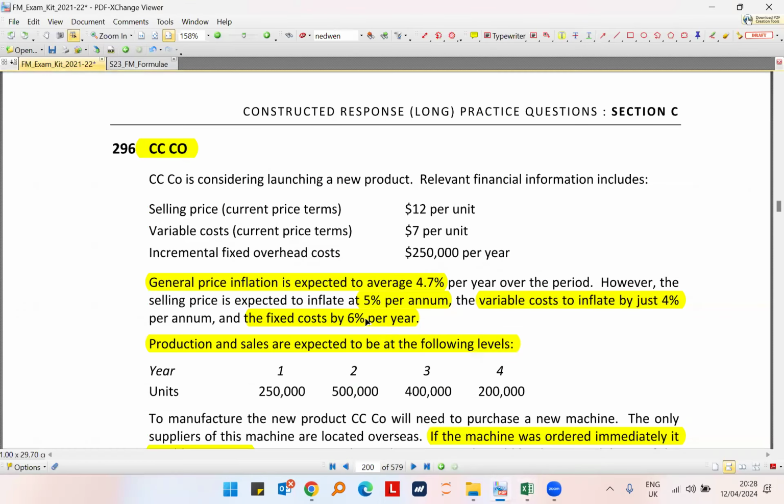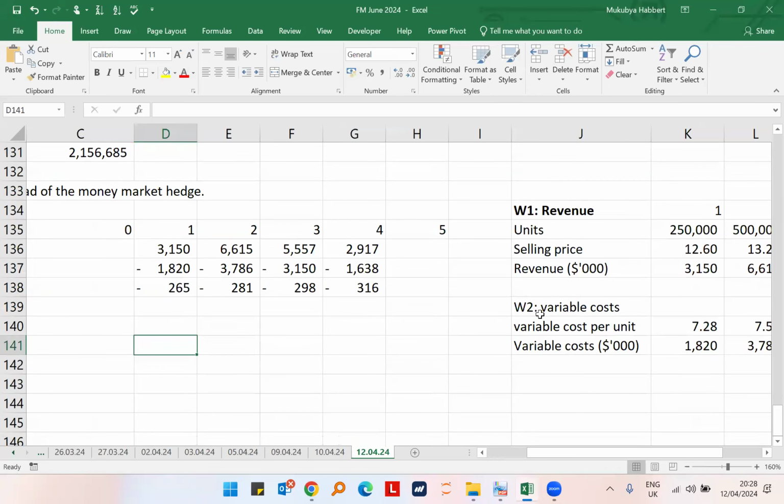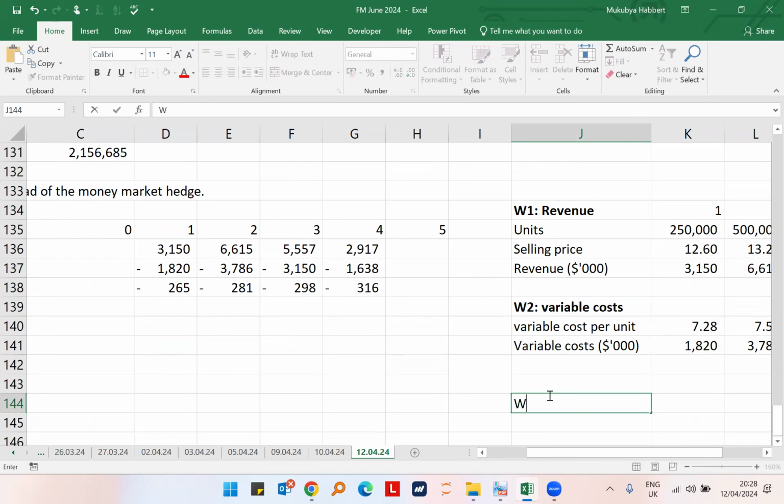Okay, so now that we have our fixed costs, we need to do depreciation. So for depreciation, we can have here a working 3, tax allowable depreciation.